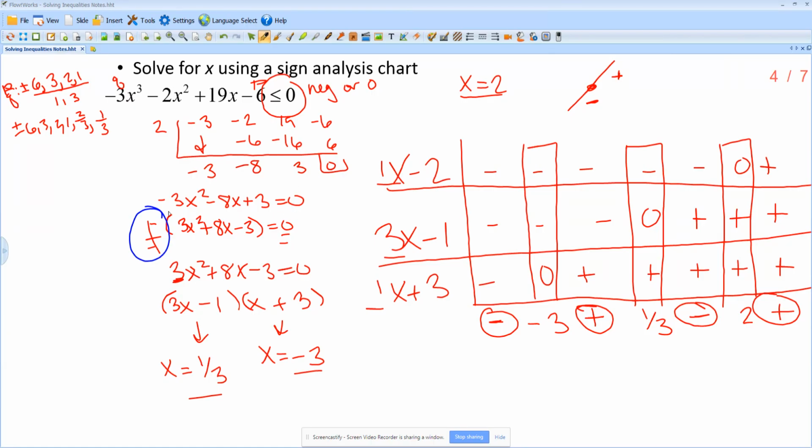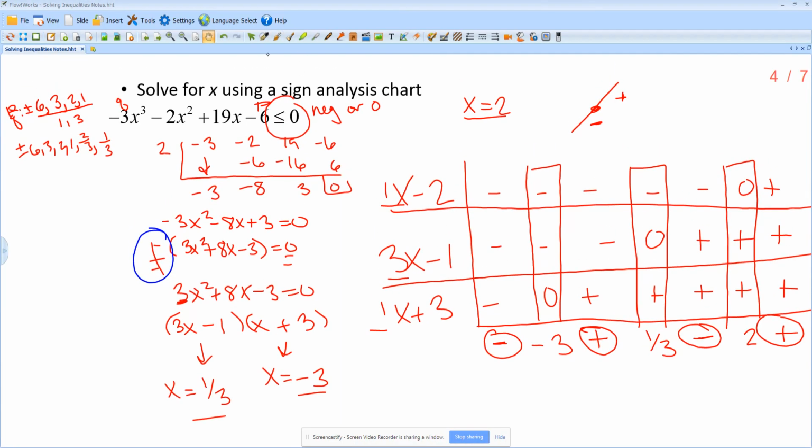So when I factor a negative out of an inequality and divide by that, you have to remember that that switches things. So instead of this actually looking for things that are less than or equal to 0, because I divided by a negative, I want things that are greater than or equal to 0.